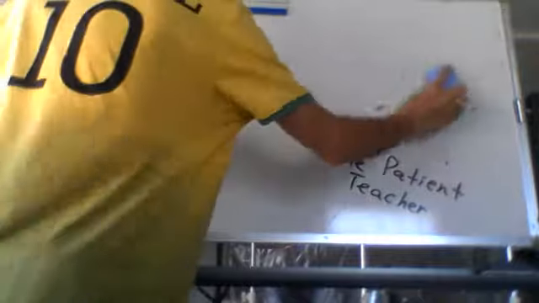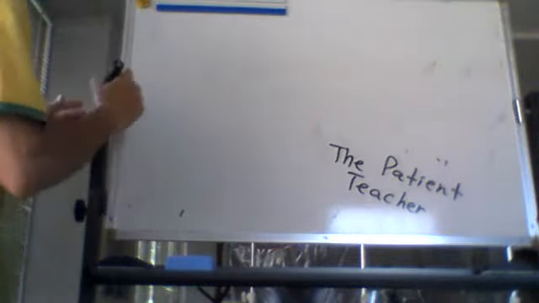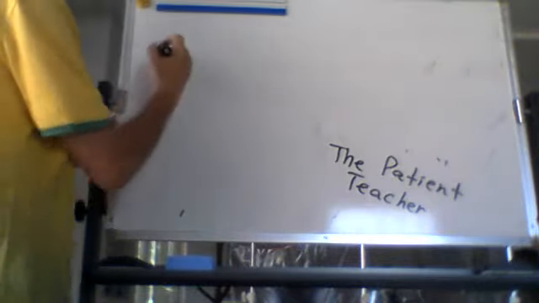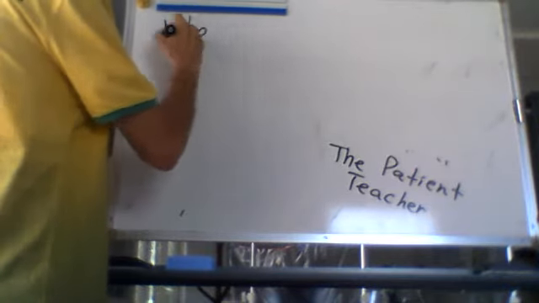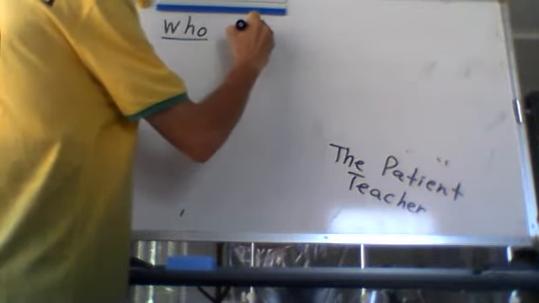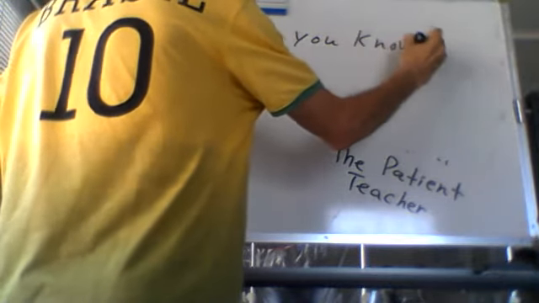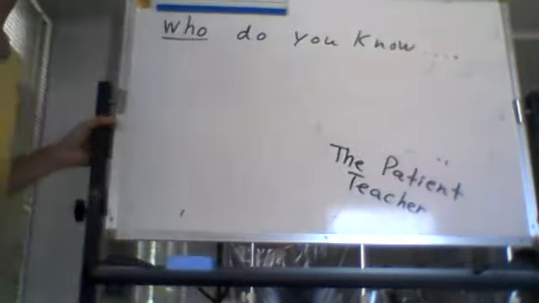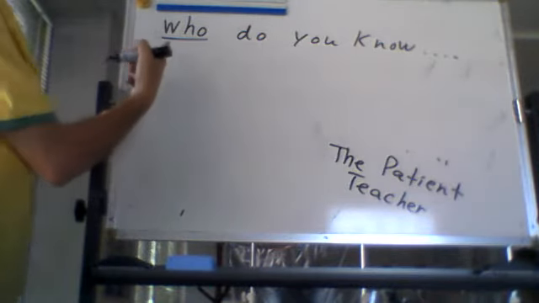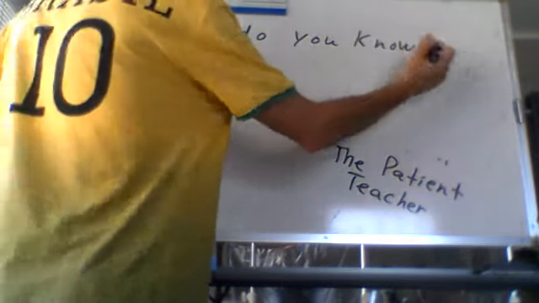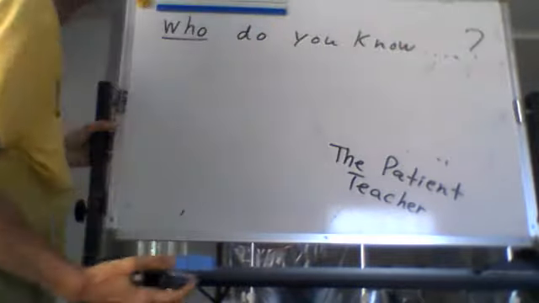Now let's give some examples that we would use with the 5 W's. Who do you know? You could use any words to ask the question. Who do you know? That works here, right?